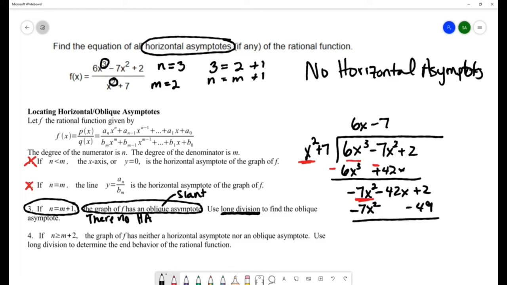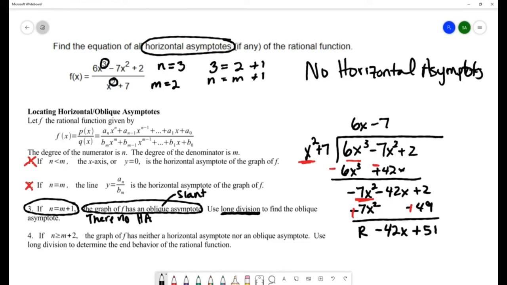I want to subtract, so I change the signs. The negative 7x squared and positive 7x squared cancel each other out because they become 0. The 42x doesn't have any like terms, so I just carry that down. And then 49 plus 2 is 51, so this is going to be the remainder.